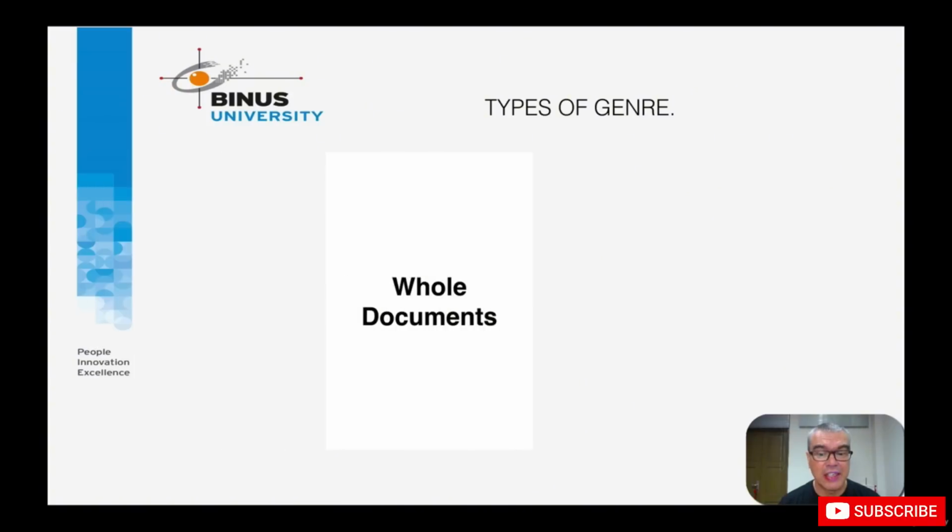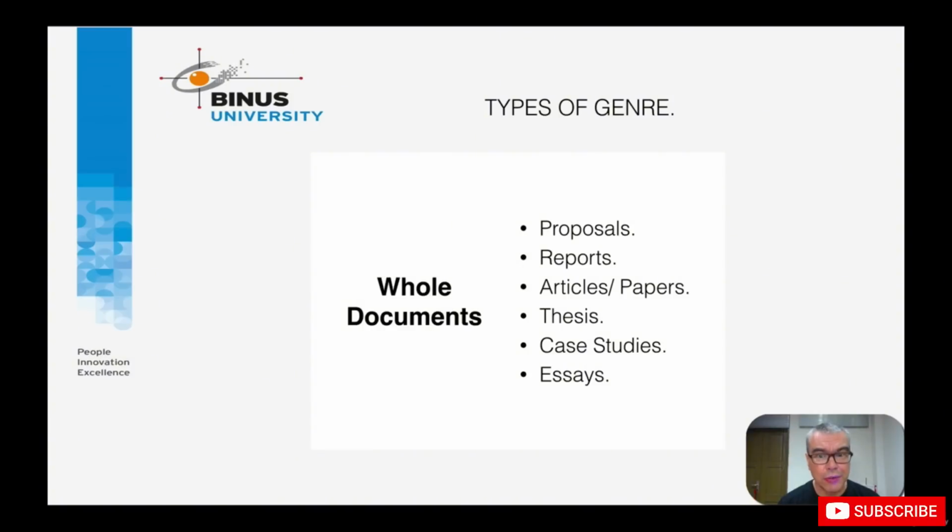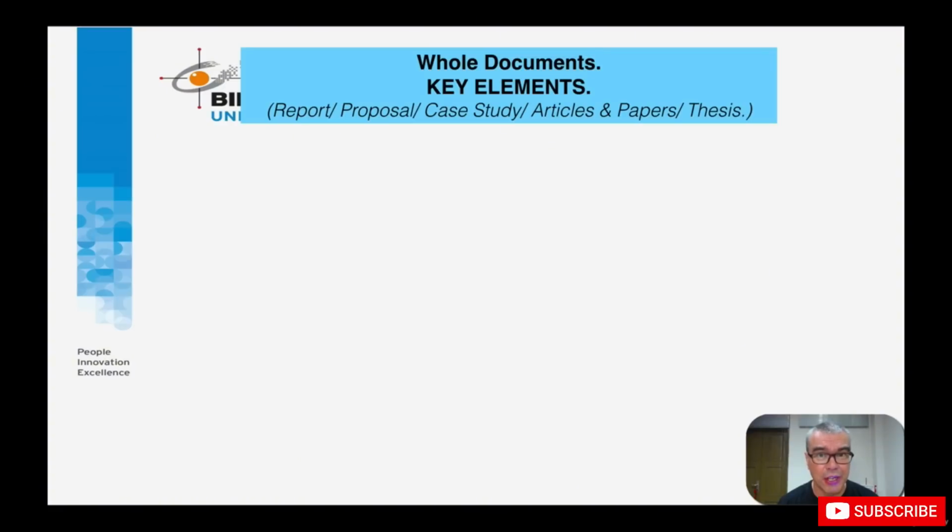So we've got things like proposals, reports, articles or papers, thesis, case studies and essays. Now, there are a number of key elements that you need to include for these type of documents. So I'd just like to go through these key elements with you.